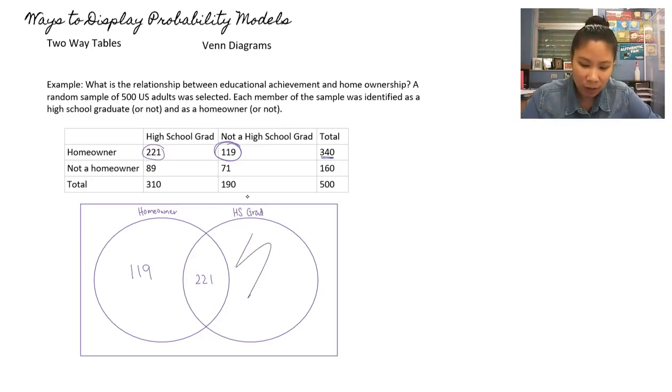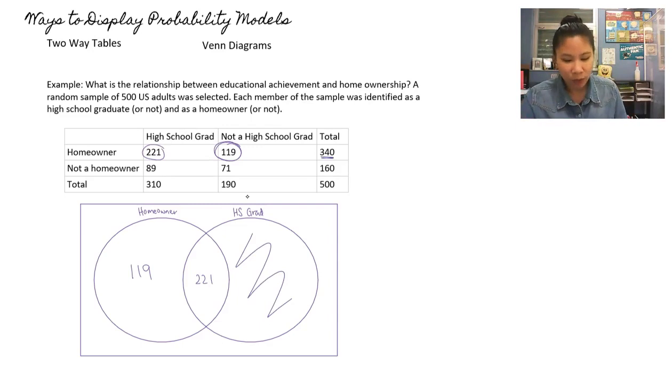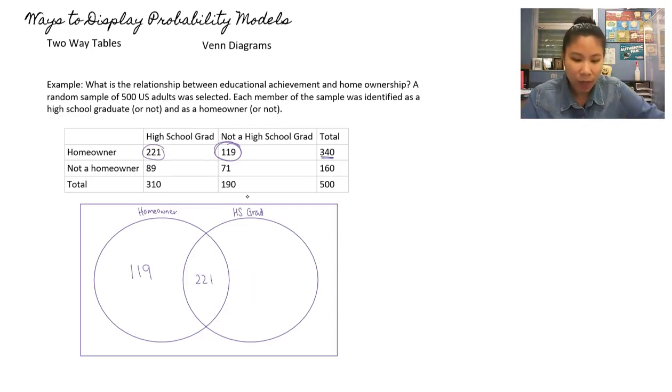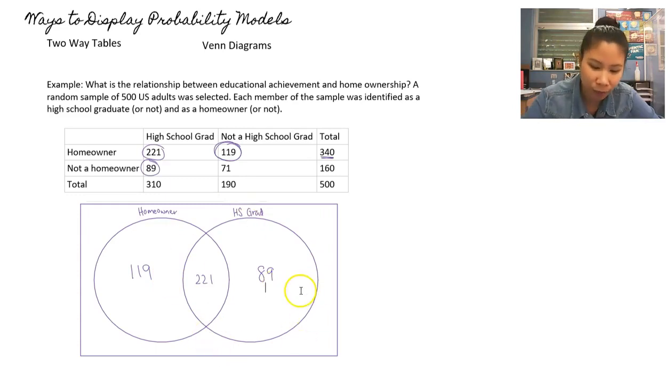So in this section of our Venn diagram, we are looking for high school graduates who are not homeowners. So that would be these people here, the 89. Okay, and again, if I added up everyone in the entire circle of high school graduates, I should end up with 310, because that's everyone who is a high school graduate.